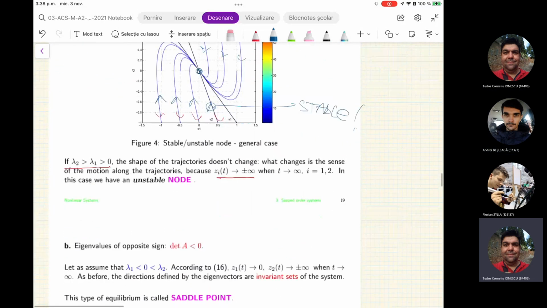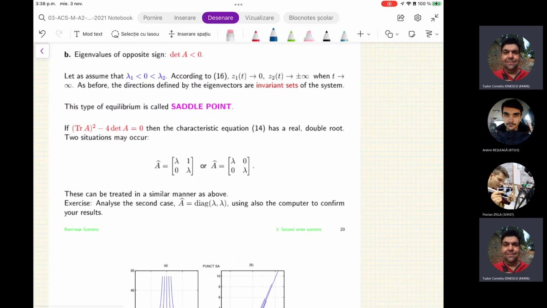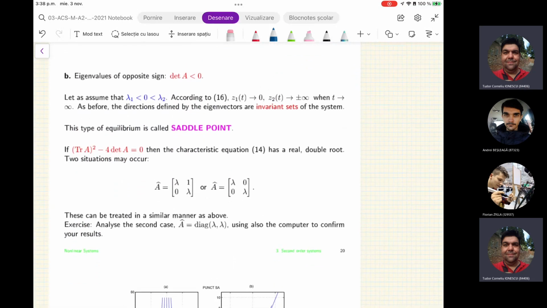Right. Now, what happens if the eigenvalues have an opposite sign? In this situation, it's still unstable because one of the eigenvalues is positive, but the shape is changing.